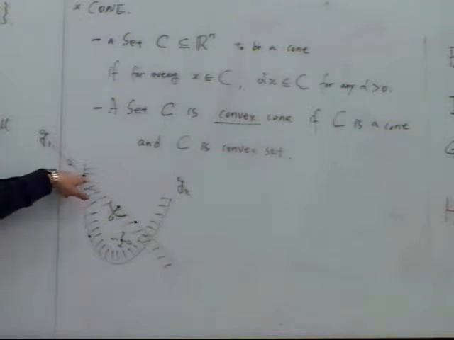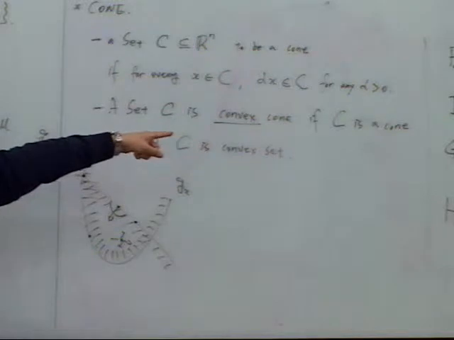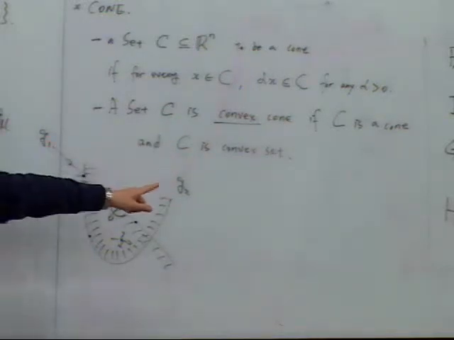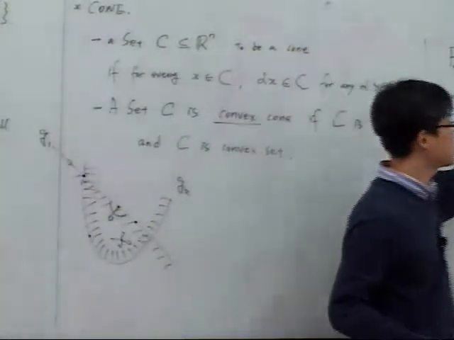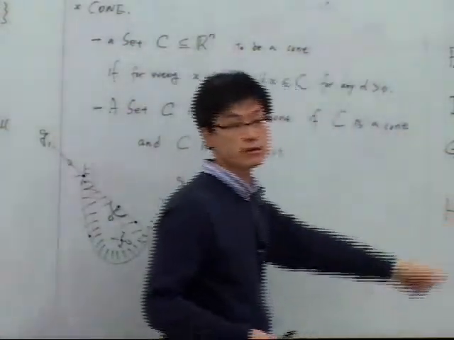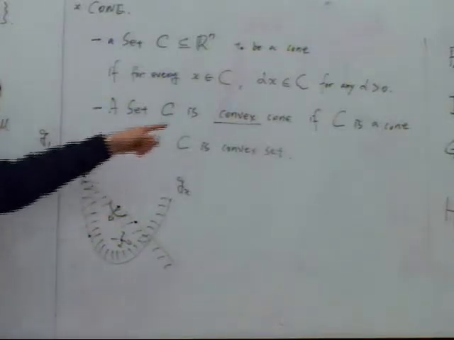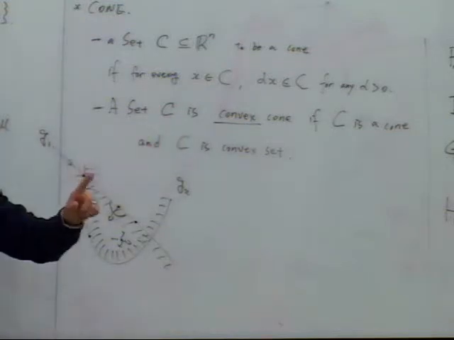So if your x bar is here, your large I is 1 and 2. The I means the indices of binding constraints, right? Your binding constraints are G1 and G2, so large I is 1 and 2.